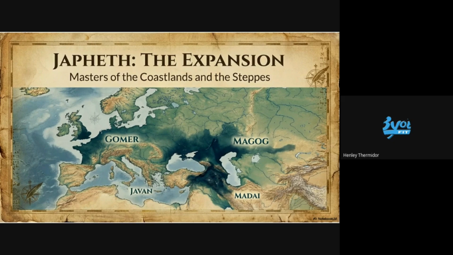Now we focus on these main four because they're the ones who kind of inhabited most of the European world that we know today. The rest of his sons, like Tyrus, went further towards Asia and Russia, and that's where his cultures would come down and end up becoming the main Russians in a sense.